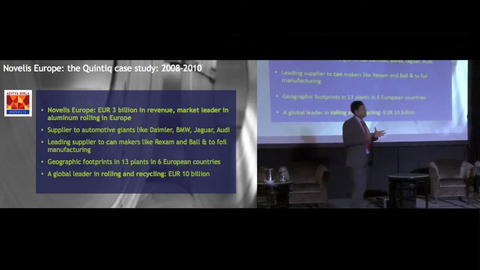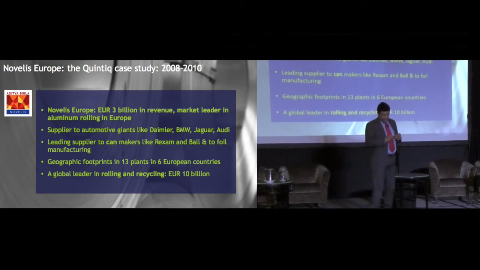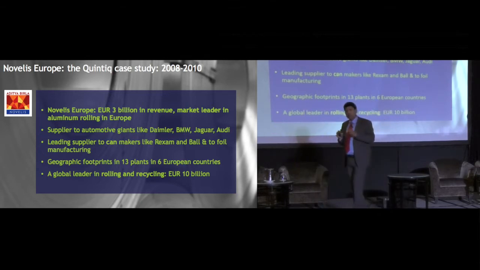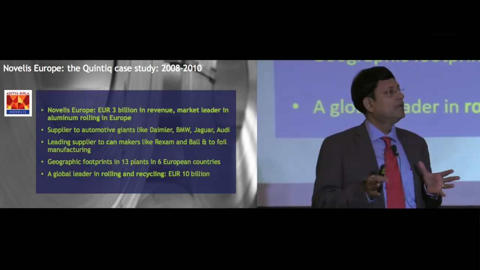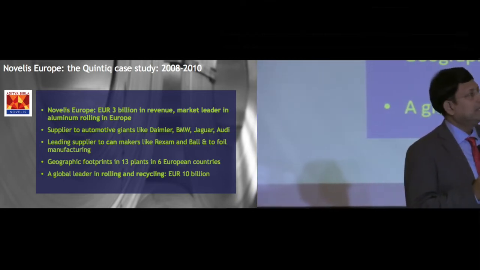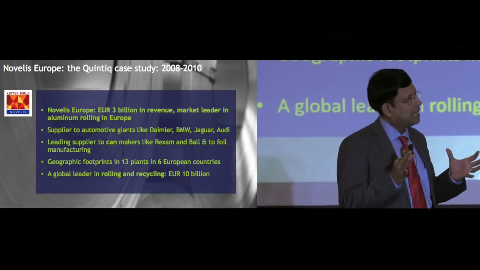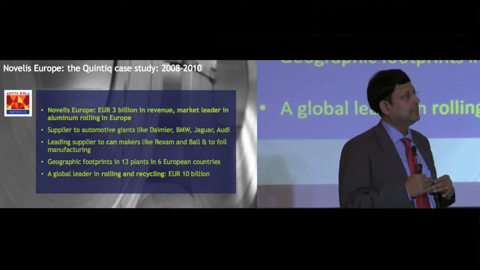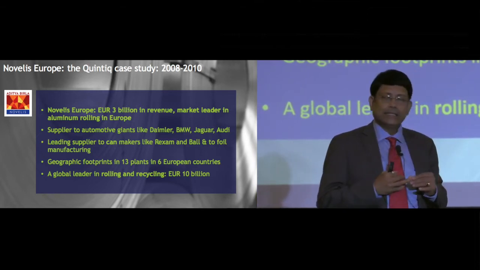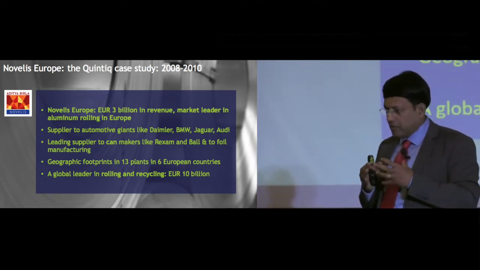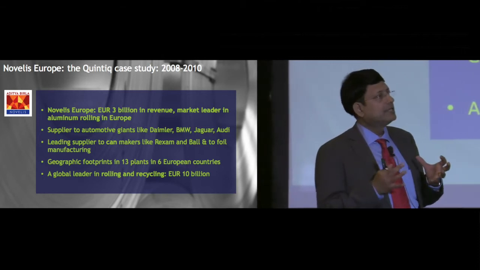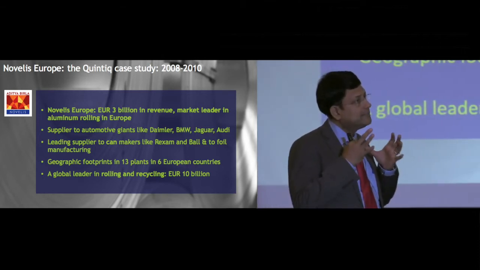So the case study, in short, that I'd like to talk about is Novelis Europe, which is part of Hindalco, a 3 billion euro company which had 13 plants in 6 countries. And it had a product mix which had 3 very specific streams.